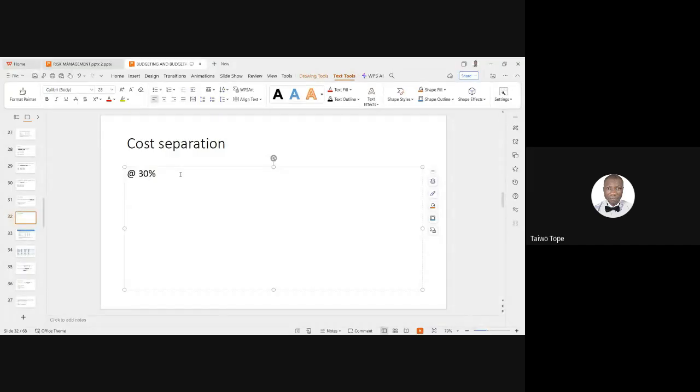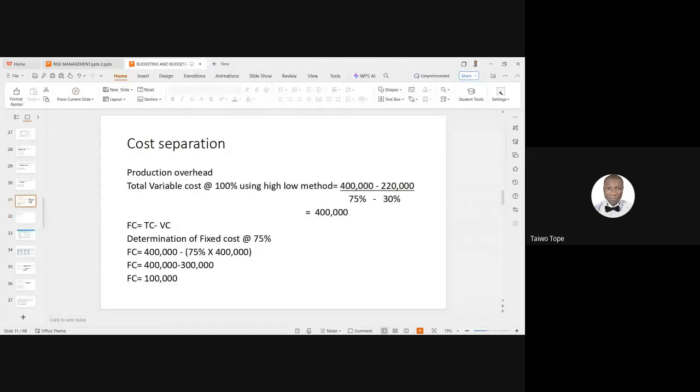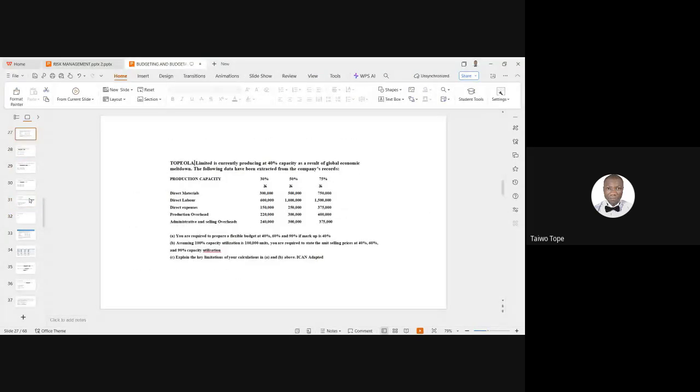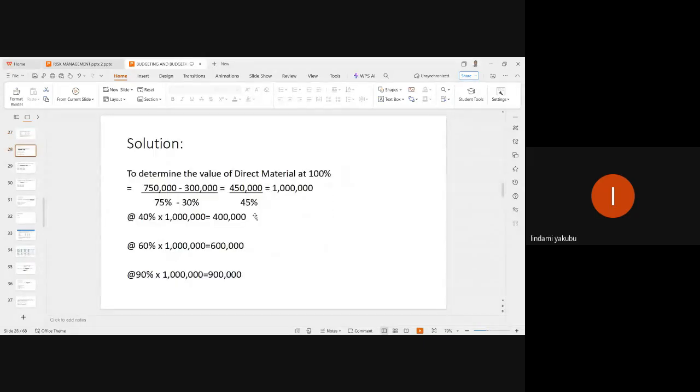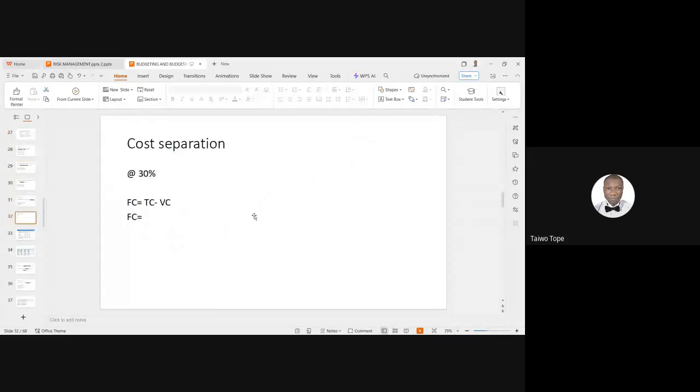Now, we said our fixed costs will be total costs minus what? Minus variable costs. We want to determine our fixed costs at 30%. At 30%, your total cost based on production overhead is 220,000.